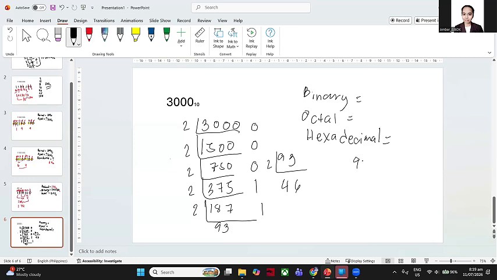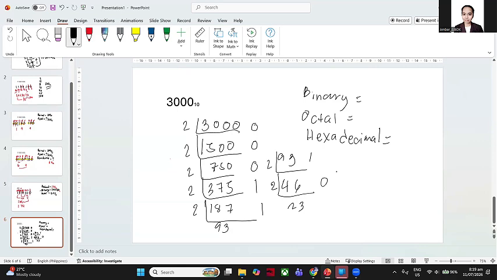Let's check. 46 times 2 is 92. 93 minus 92 is 1, so there's a remainder of 1. Next, 46 divided by 2 is 23. Is there a remainder? No.